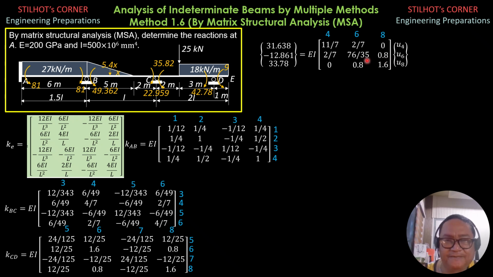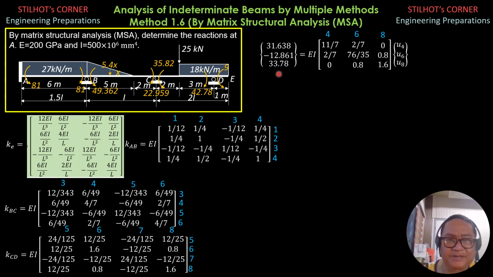Then 6, 6: we have 4 over 7 plus 1.6, so that's 76 over 35. 6, 8: that's also 0.8, then finally 8, 8, which is 1.6.